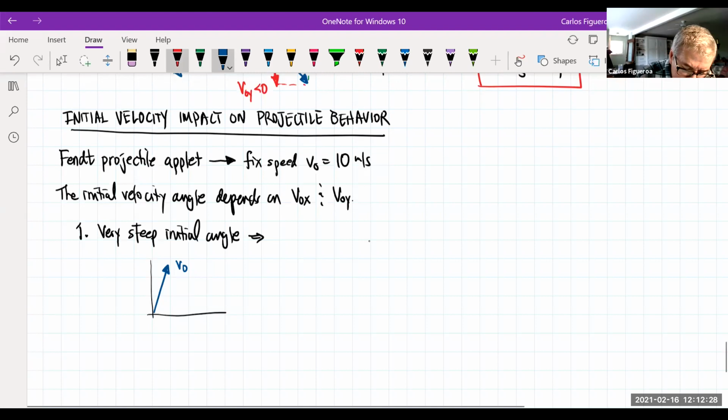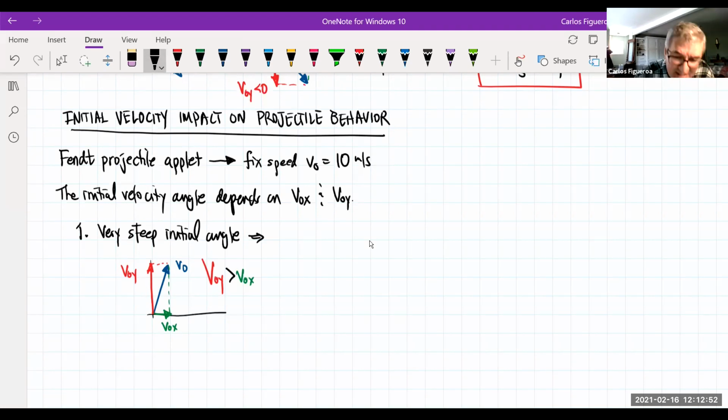If I project this onto the y-axis, look at the length of V initial Y and look at the length of Vx. You can see here that V initial Y is going to be greater than V initial X. So if I have a steep initial angle, then this must be the case.